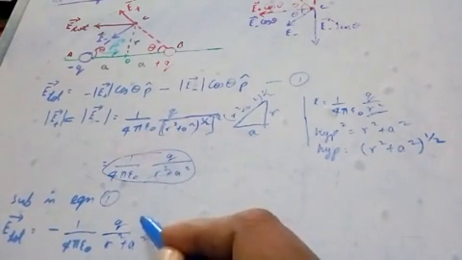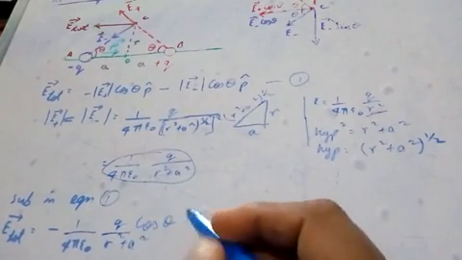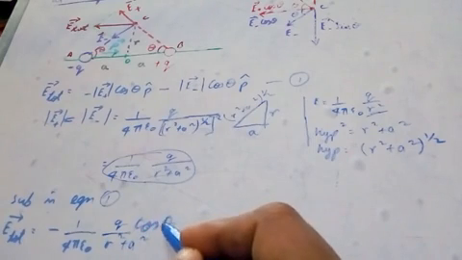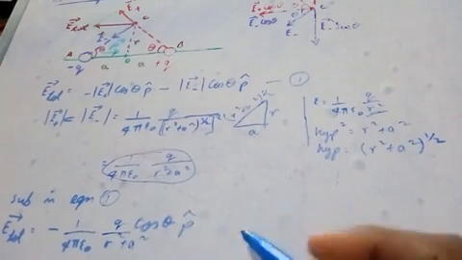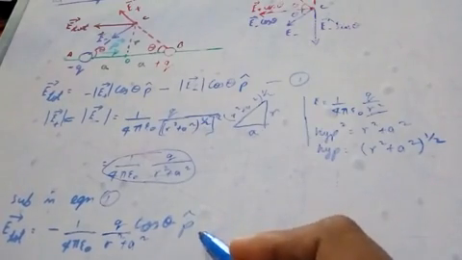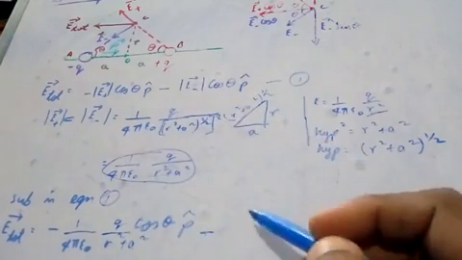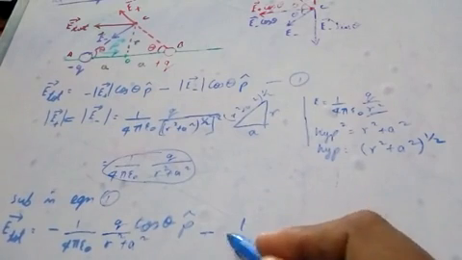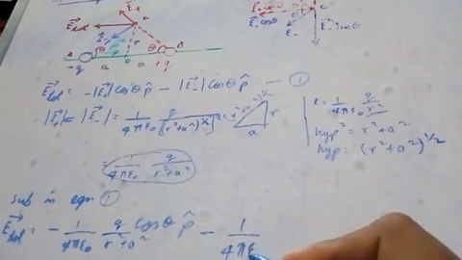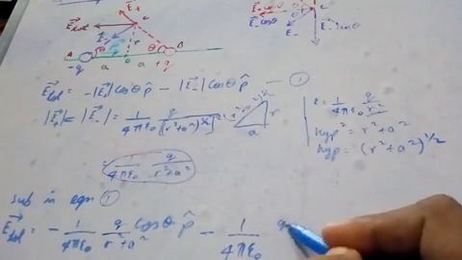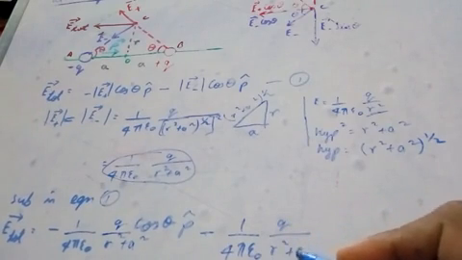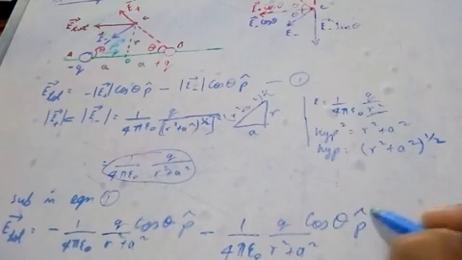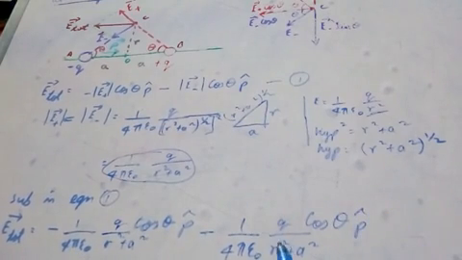I'll write cos theta p cap again. Then the second term, the E minus term, we have to write again: 1 by 4 pi epsilon naught q by r square plus a square cos theta into p cap. You can see these are two like terms, so you can add them.